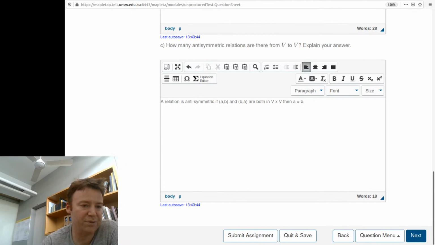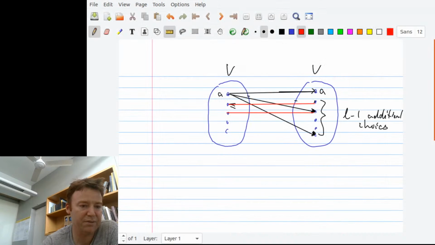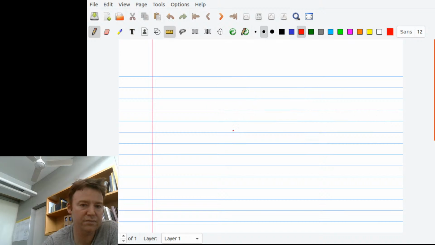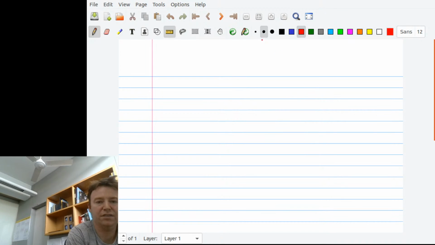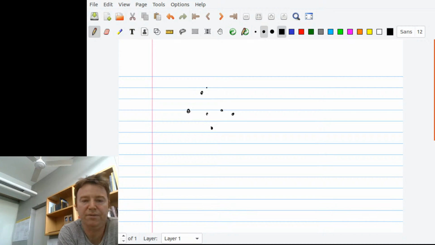Let's think about this for a moment. I'll bring back my piece of paper. So we've got a set, and it's got a bunch of elements in it. Here's my elements. Now I'm allowed to have these things. They're permitted, although it's not necessarily reflexive. So maybe it's related to itself, maybe it's not.